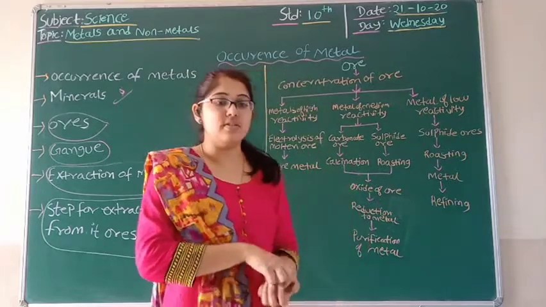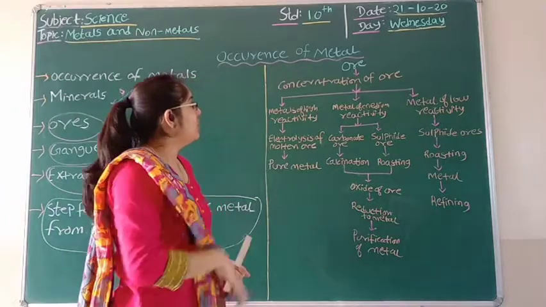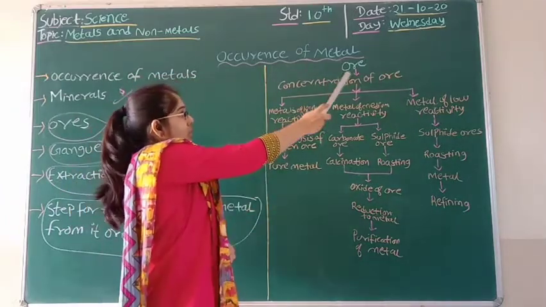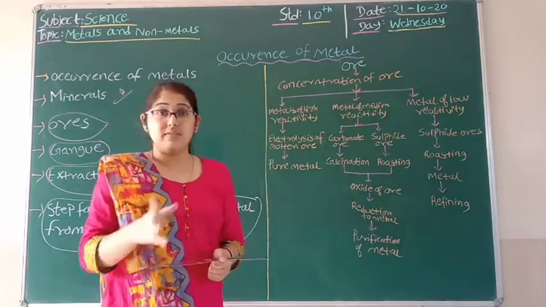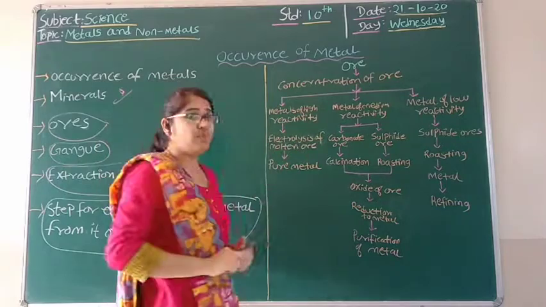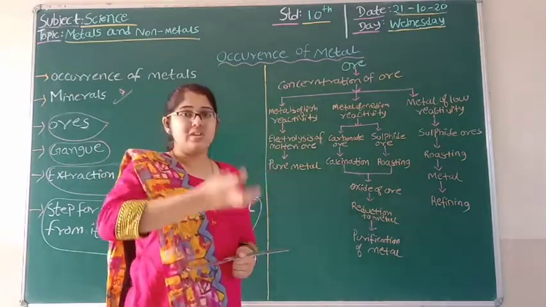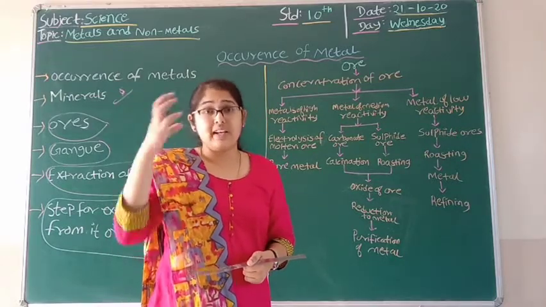So students, here we can see a flow chart of an ore, in which we are going to see the concentration of ore. Why is it mentioned concentration of ore? Because concentration of ore is nothing but getting the metal which is present in minerals in a pure form.